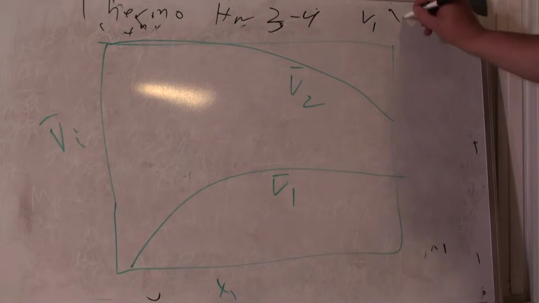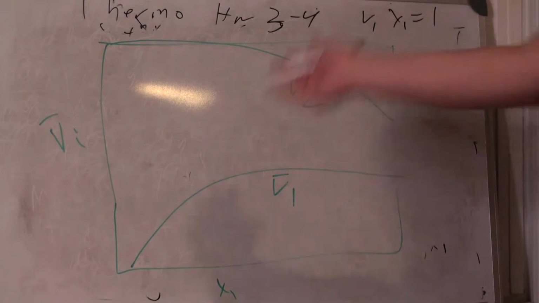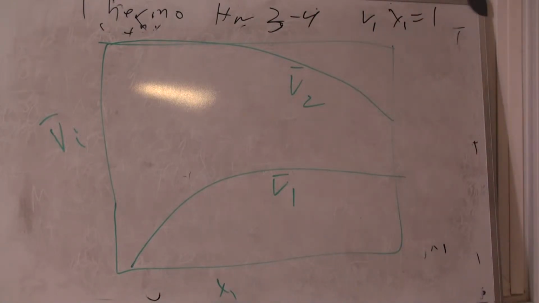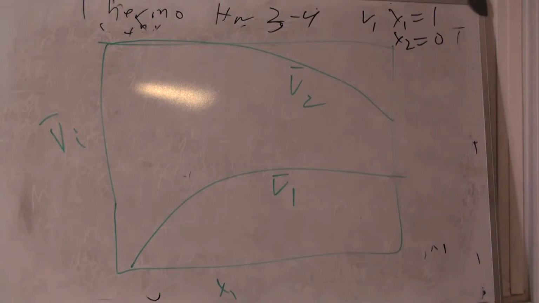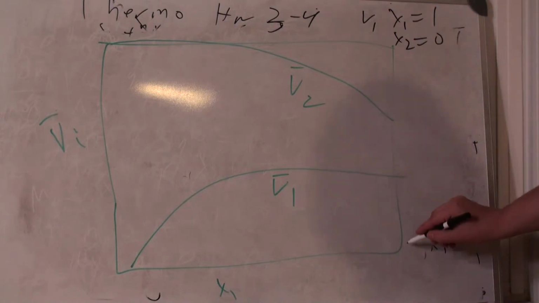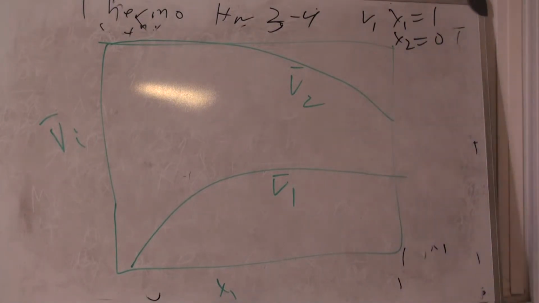It means that x1 is equal to 1. And because this is a two-component system, what does x2 have to be by default? That's right, 0. And so I just read the graph and say, where's x1 equal to 1? It's right there.